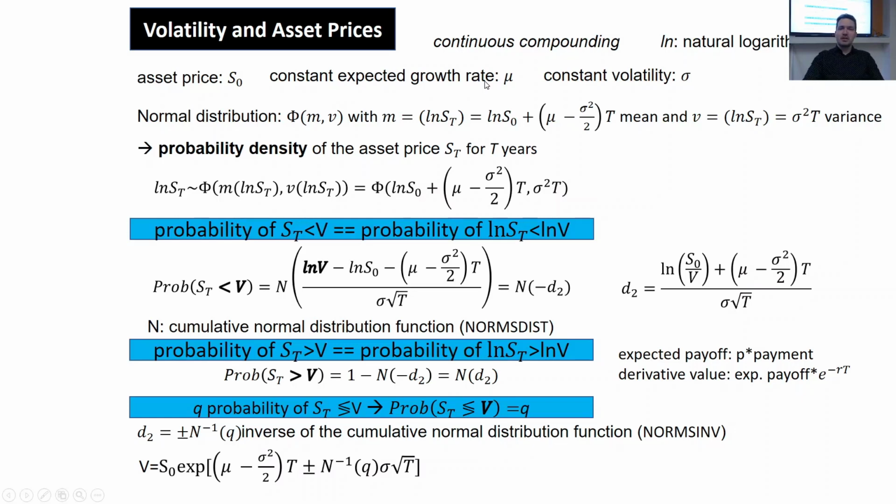This is what we expect from the asset, and constant volatility, which we know might not hold, but even if it's not constant, by using a GARCH model and fitting it, we can convert this model to a conditional model.